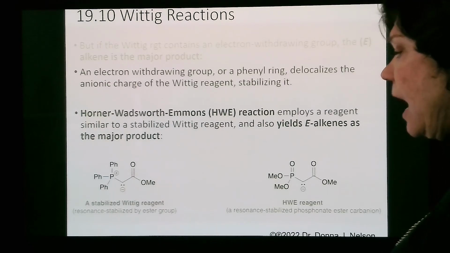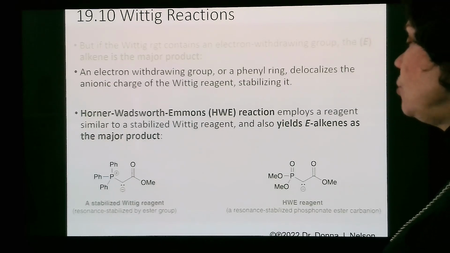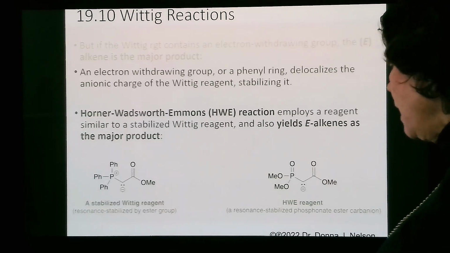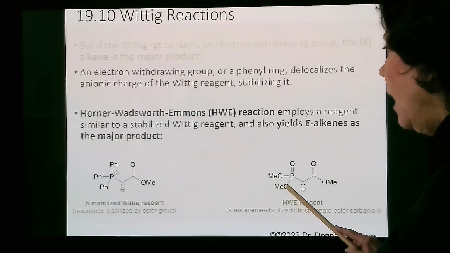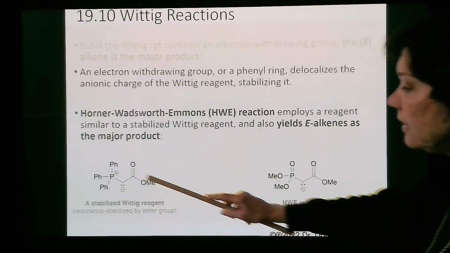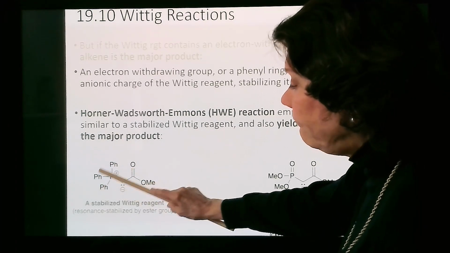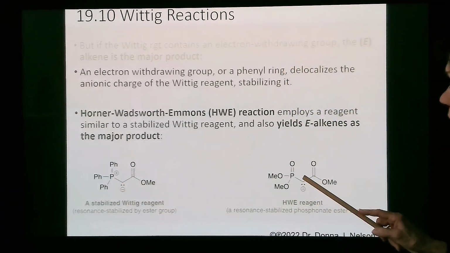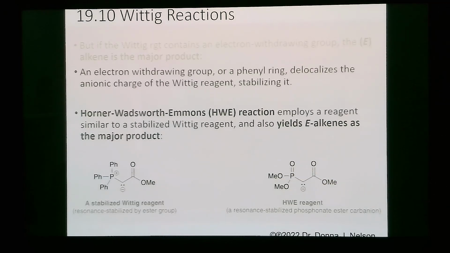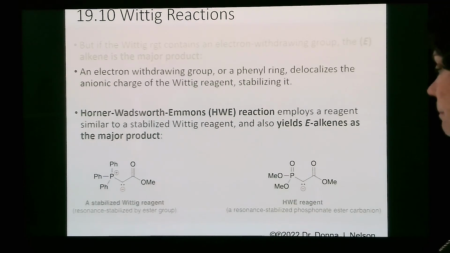Similarly, this other reaction, which is similar to the Wittig reaction, the Horner-Wadsworth-Emmons reaction, is different because instead of having the three phenyl groups on phosphorus, you have a double bond oxygen and a couple of methoxy groups. However, the reaction proceeds through the same mechanism, so I don't think we're going to need to go through that mechanism.